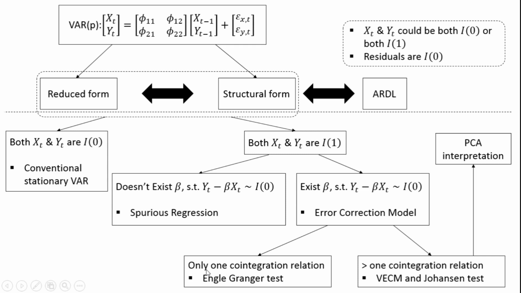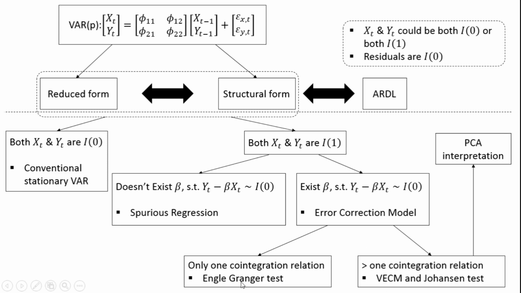In the case in which we have only one cointegration relation, we should make an Engle and Granger test to know that. In the case in which we have more than one cointegration relation, we have to estimate a vector error correction model and a Johansen test.